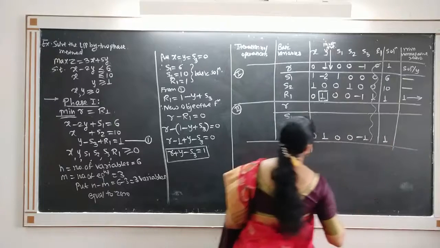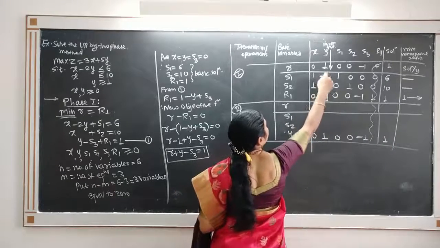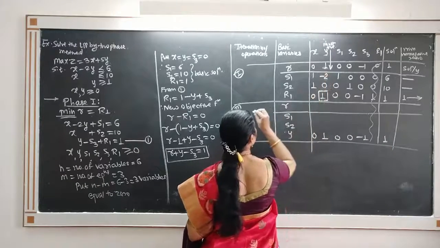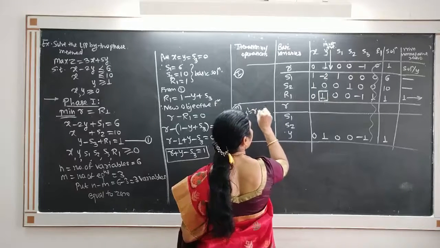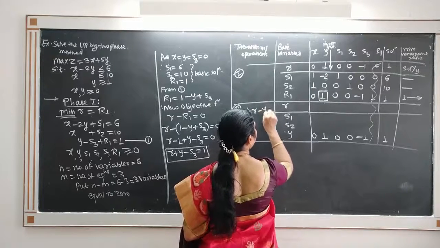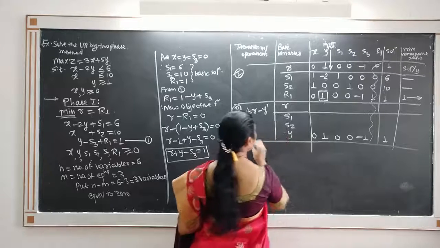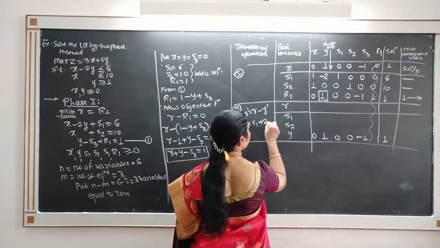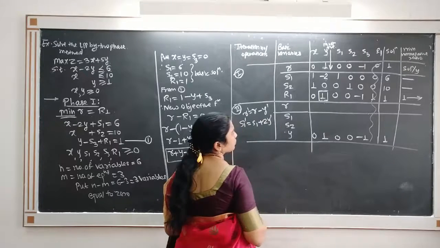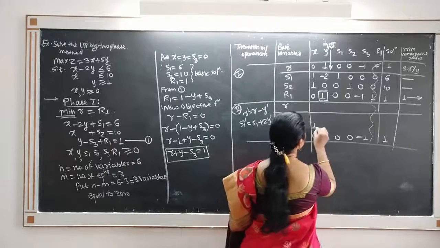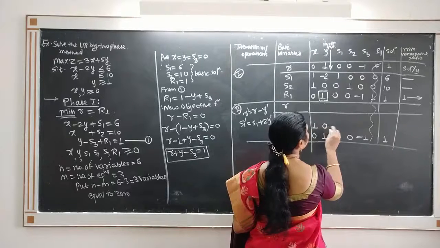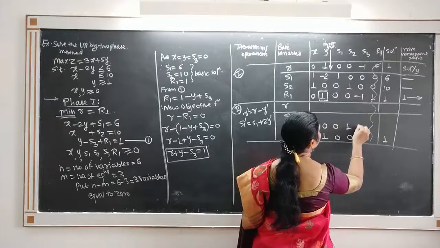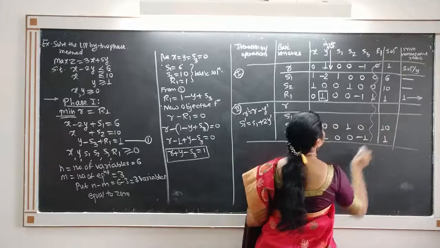So this line remains as it is. We have to only make these two elements to be 0. So new R row becomes R minus Y row and new S1 row becomes S1 plus 2 times Y row. S2 row also remains as it is because it already contains 0 element in that column. So it remains as it is.